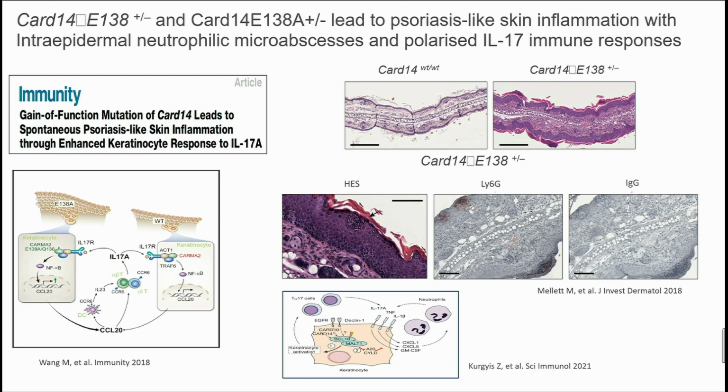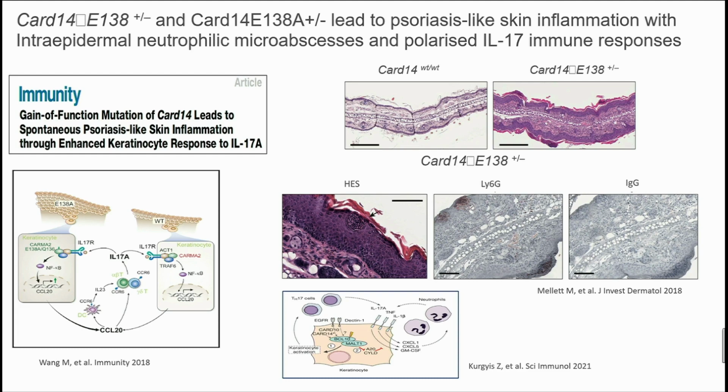And what was shown in these papers is that this knock-in, this heterozygous mutation, was enhancing the response of keratinocytes to IL-17, polarizing the inflammatory cascade towards an IL-23, IL-17 pole, if you wish, and that the mobilization of the protein of CARD14 was associated with a physical association with ACT1 and TRAF6, as being transducer of the IL-17 receptor signal.